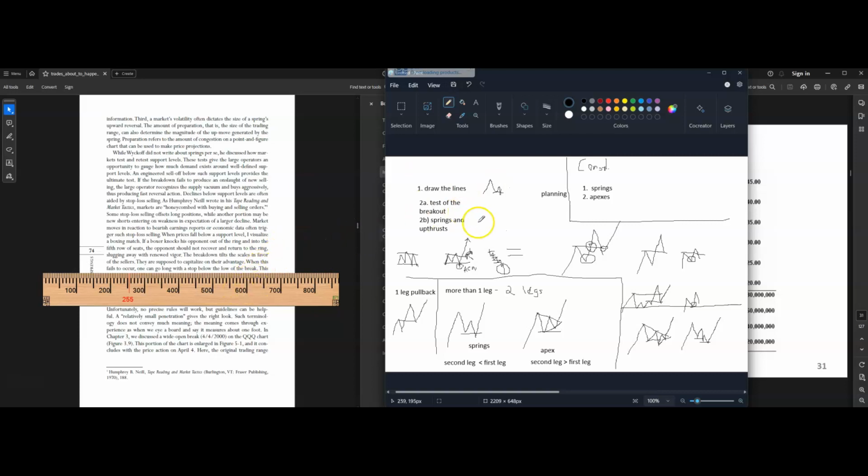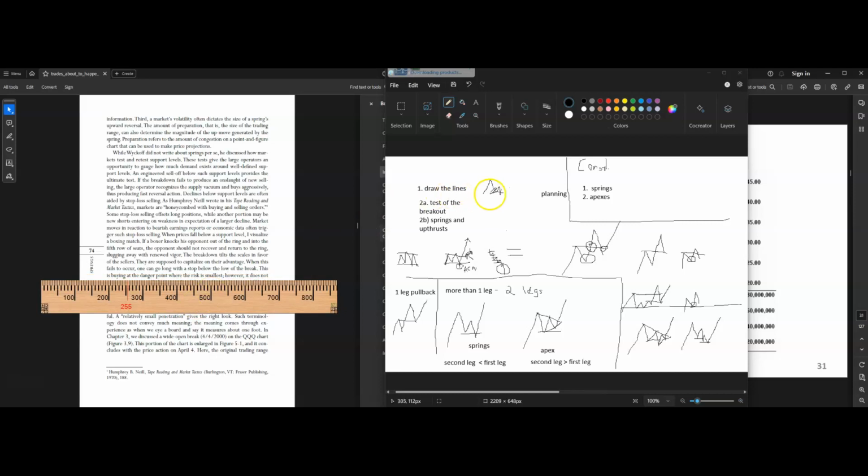So his boxing analogy is just referring to price going below a support level, just like a boxer gets hit and goes outside the ring. And if it comes back, then he's saying he's going to put a stop right below the spring. So this is execution. Go long with a stop below the low of the break.